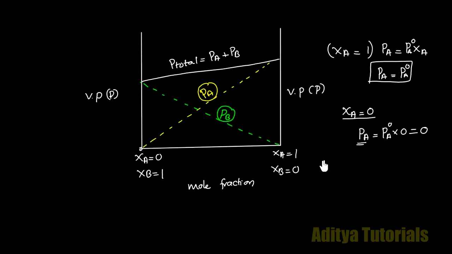In the plot of the partial pressure of A against the mole fraction of A, it should be a straight line passing through P naught when the mole fraction of A is equal to 1, and through 0 when the mole fraction of A is equal to 0. So when a straight line is drawn here, the straight line is passing through 0 when the mole fraction of A is equal to 0.